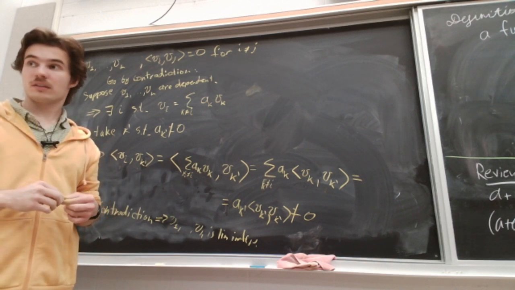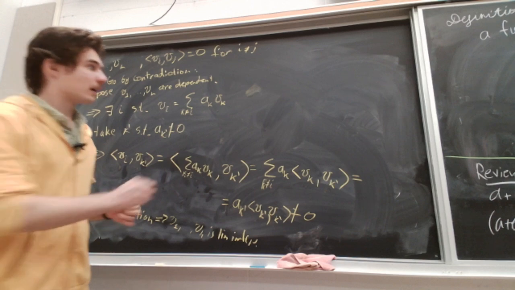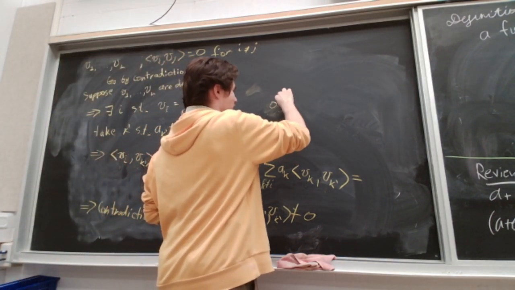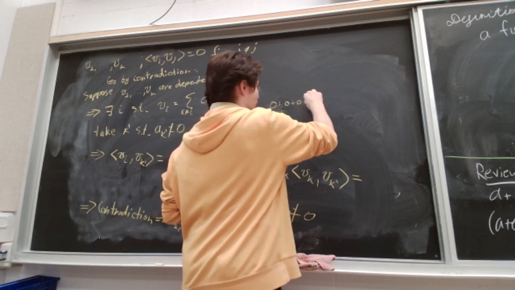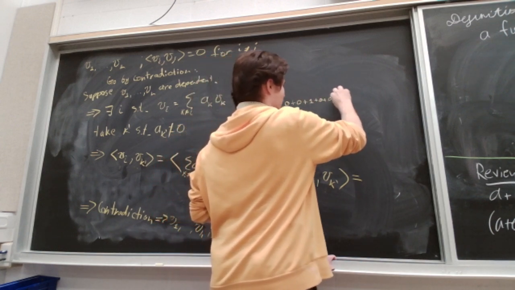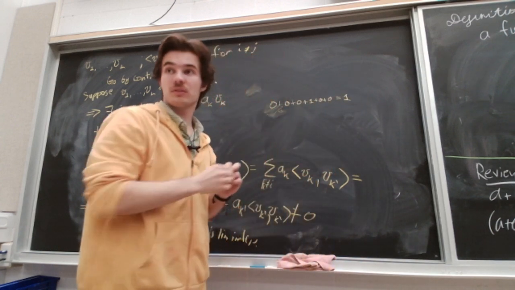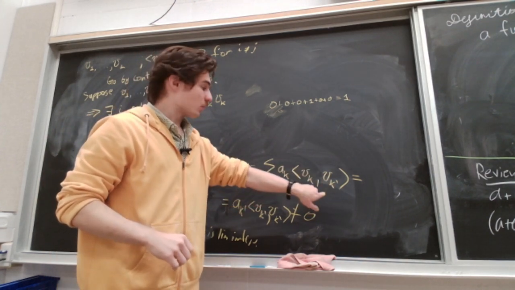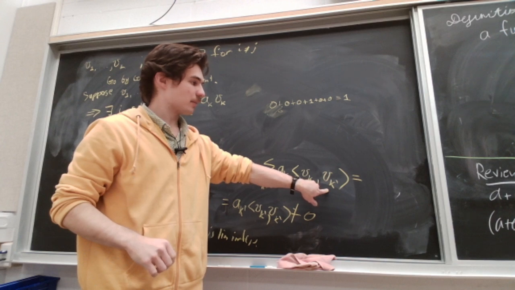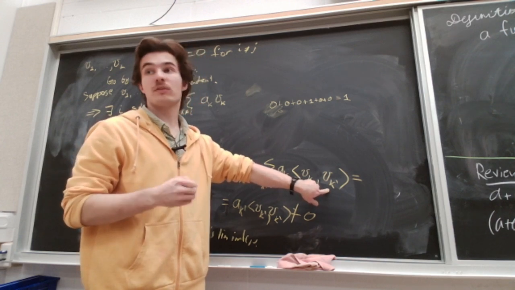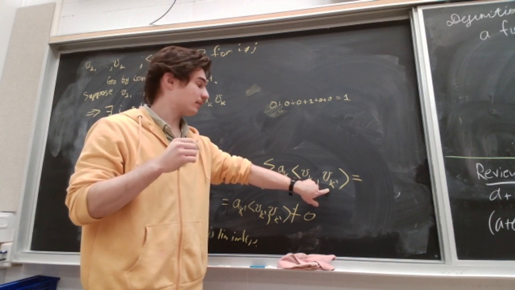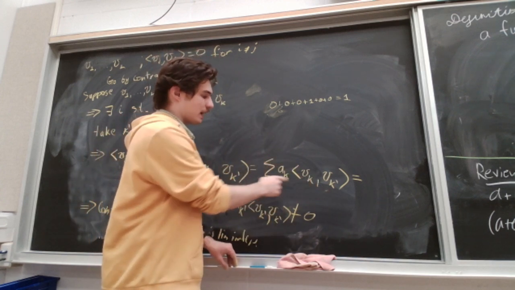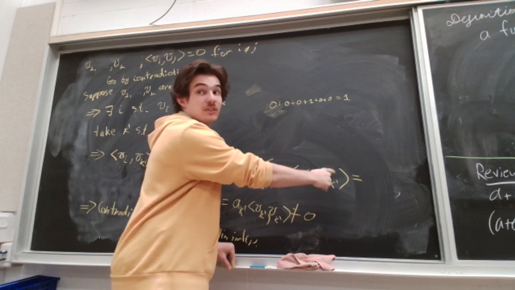I got lost. If I add up 0 plus 0 plus 0 plus 1 plus 0 plus 0, I can ignore everything that's 0. Do you agree? This is a sum just like that, where v_k inner product v_k prime has to be 0 for any vector that's not the same as v_k prime. The sum is over k, so I'm changing this vector. This vector stays fixed.